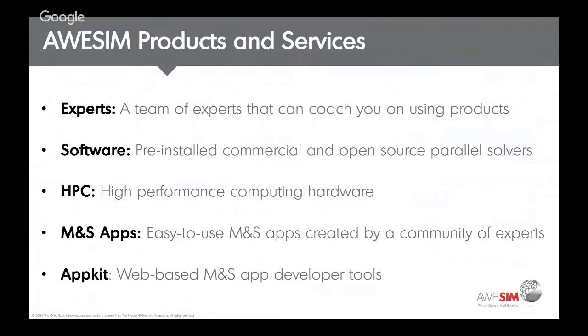Most of the people we talk to don't really know where to get started, so they're looking for someone to help tell them what it can do and how to get started. So that's why we portray the expertise at the top and say we can bring to you a team of experts. And then the next level down is software.